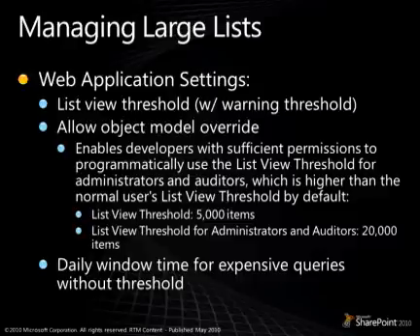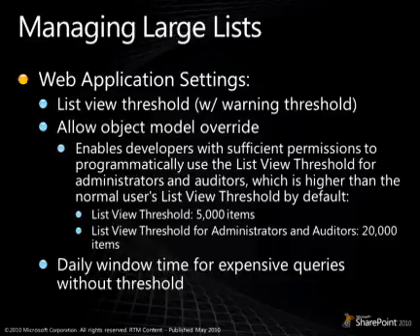List view threshold settings are configured from the application settings using the central administration application. We can modify the following settings. The list view threshold, which basically is the amount of items for the limit. Allow object override enables developers with sufficient permissions to programmatically use the threshold for administrators and auditors.